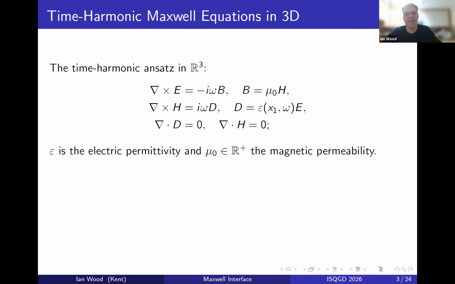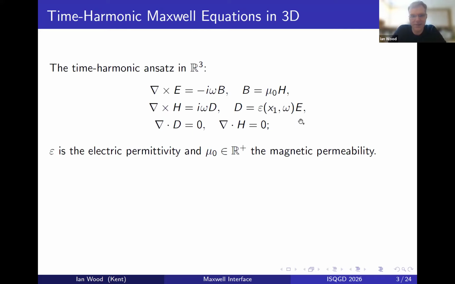So essentially we set out with a time harmonic ansatz for the Maxwell equations. So I've just put that up here for everybody. Two of the parameters that come up frequently are the magnetic permeability, that's this mu naught here, and we're not going to assume anything particular about that. That's just going to be constant.